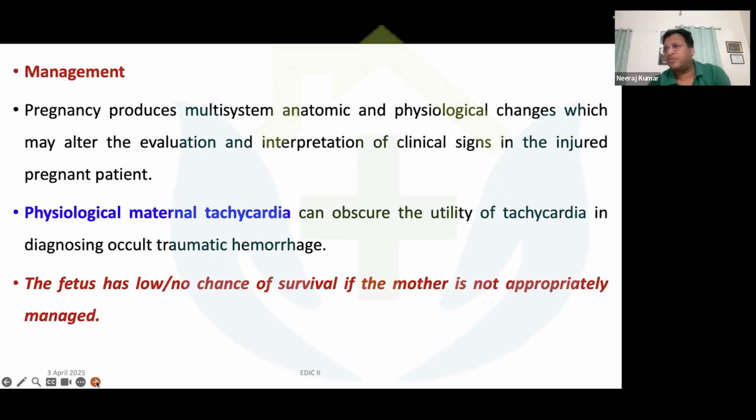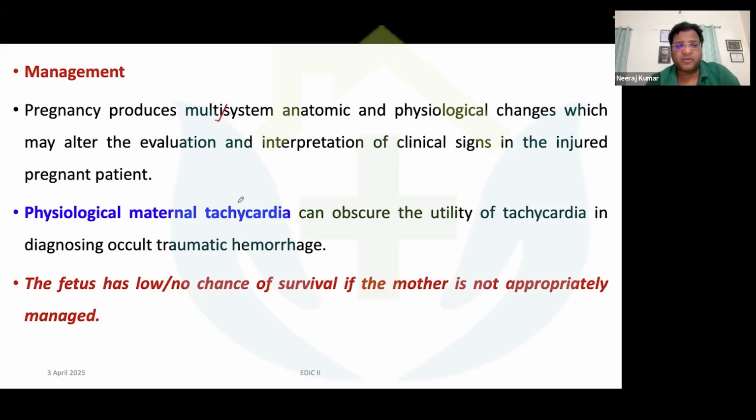Now coming to the management. If these patients underwent a trauma, what do you have to do? We know that pregnancy produces multi-system anatomical and physiological changes, which we have just read. And that's why a thorough evaluation, the primary survey, the ABCDE approach, is very, very important. And the management depends upon the interpretation of the clinical signs that the injured pregnant patient is having.